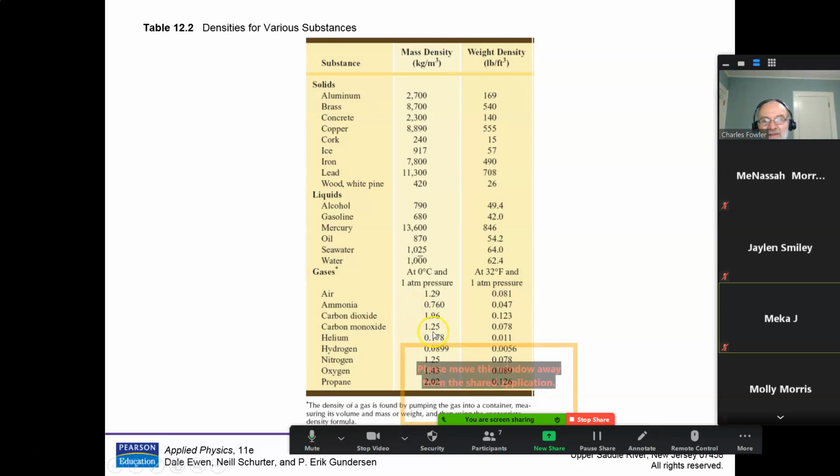Carbon monoxide. Remember, that's poisonous. It's deadly. Carbon dioxide is also deadly if you're breathing straight that, but carbon monoxide is deadly for a different reason, and it's very deadly.